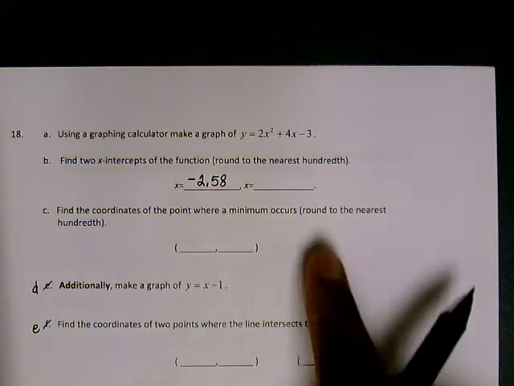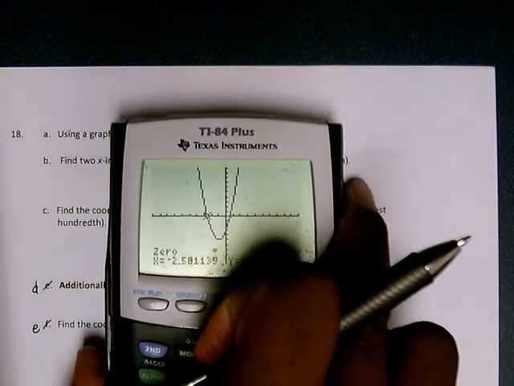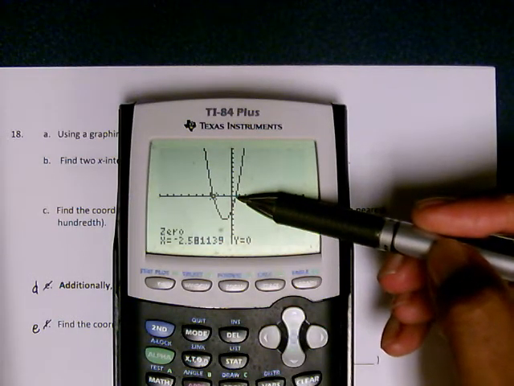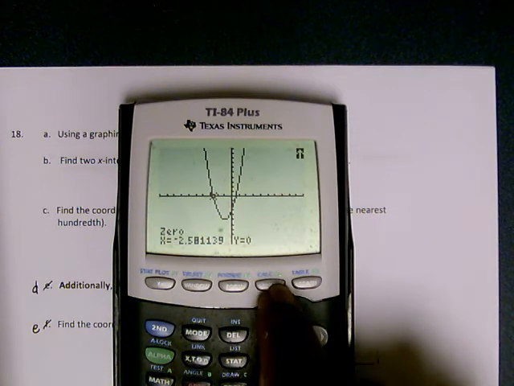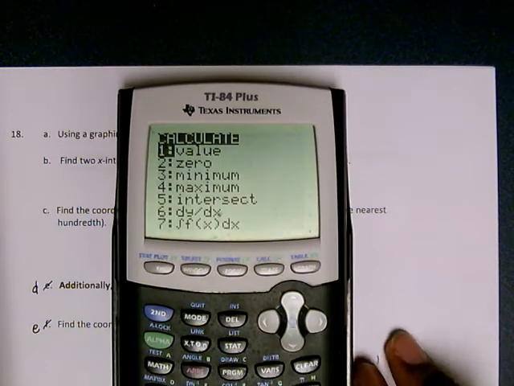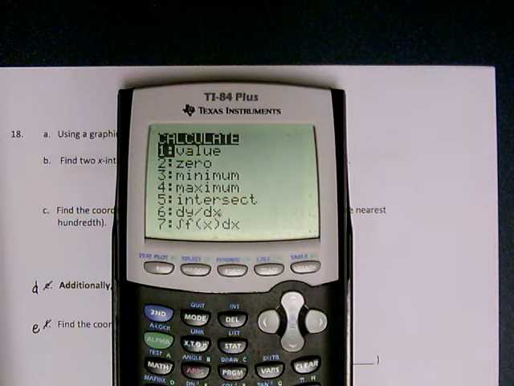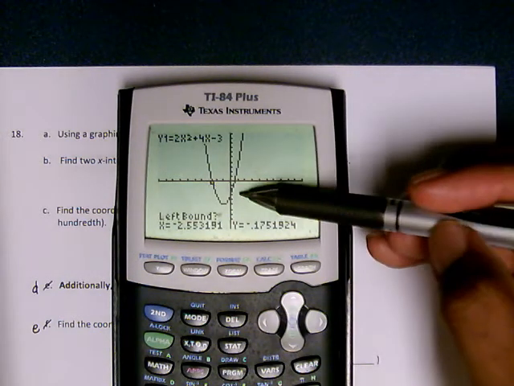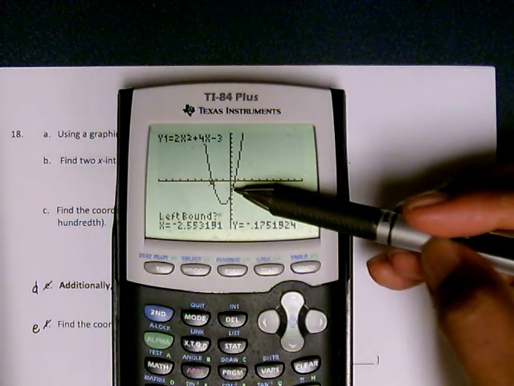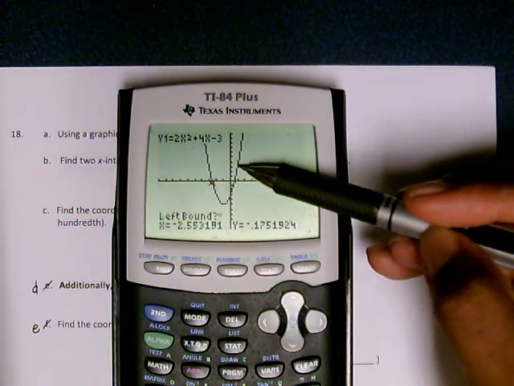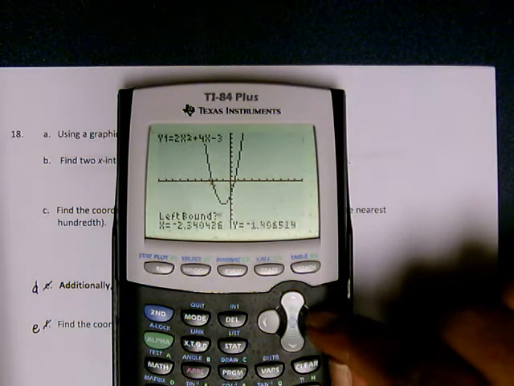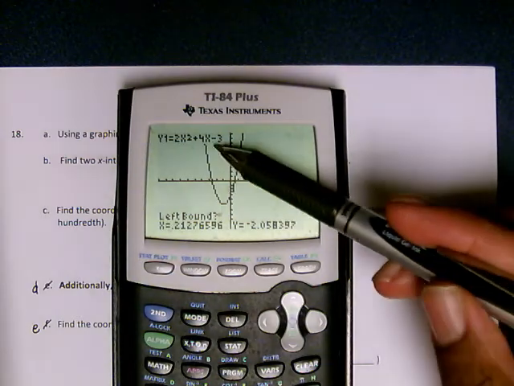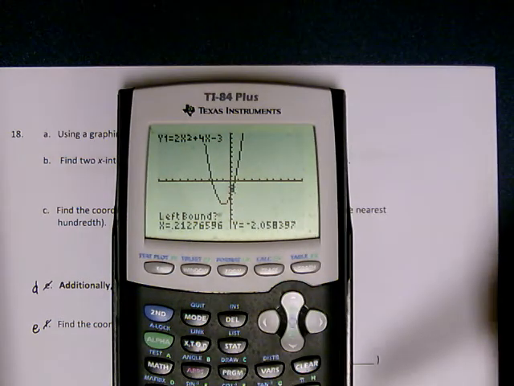And then we've got to find the other x-intercept. We're going to use the same thing here. So we're going to find this other x-intercept right here on the right-hand side. So again, we're going to press the second key and then trace for the calculate menu. And then we're going to select menu item number 2 for the zeros. Now this time, for left bound, we're going to position the cursor below and above. So this blinking cursor needs to be positioned below that second x-intercept, because we're reading this graph from left to right.